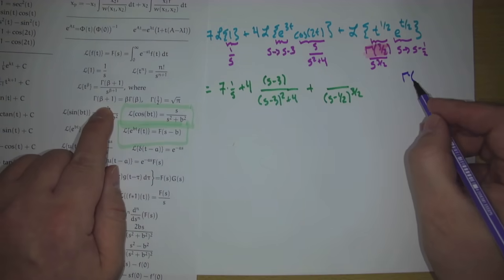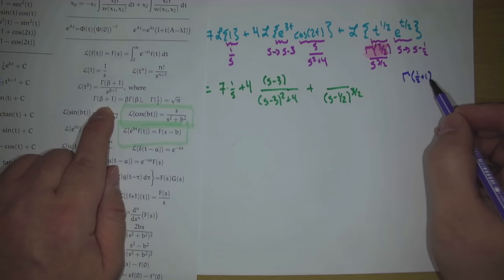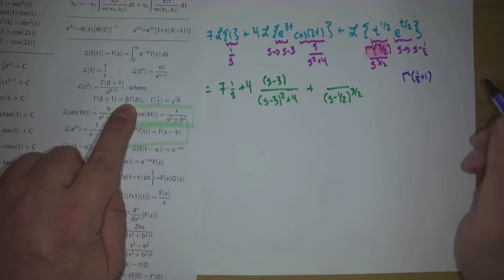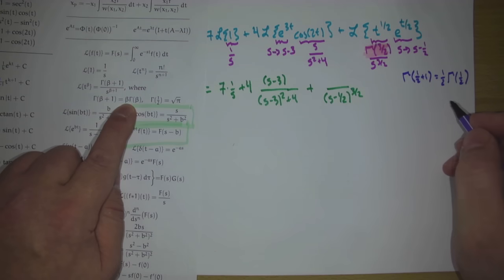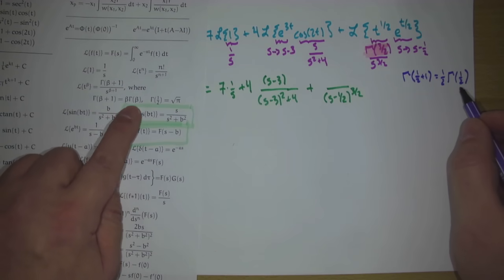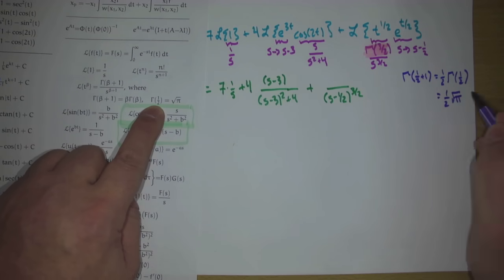Gamma of 3/2 is gamma of 1/2 plus 1, because 1/2 plus 1 is 3/2. So according to the rule, with beta equals 1/2, this is 1/2 gamma 1/2. Well, what's gamma of 1/2? You might have to use the rule again, but in this case, it tells us that's equal to square root pi.